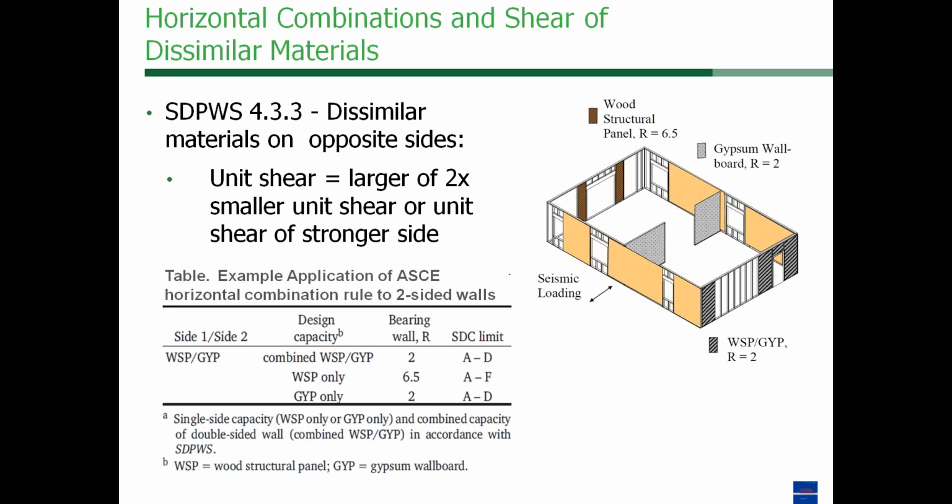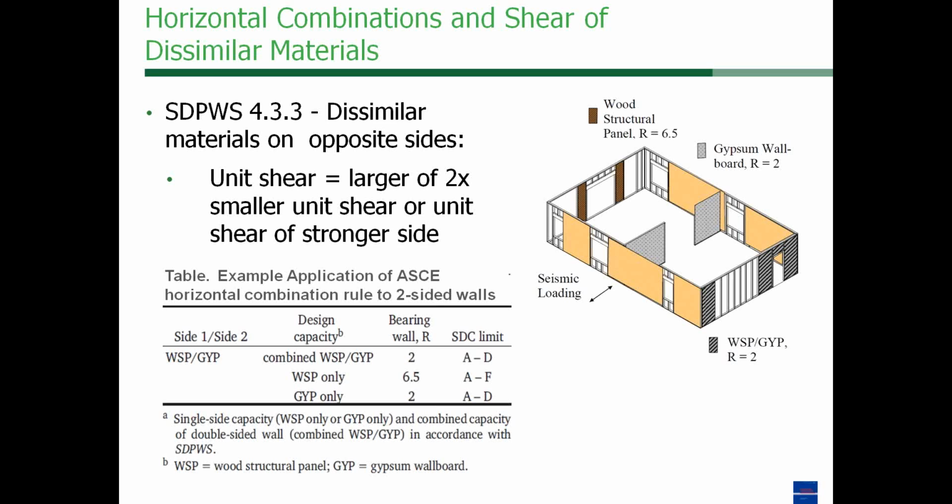So let's say that the wood structural panel on one side has a unit shear of 300 PLF, and the gypsum on the other side had 100 PLF. So you'd be permitted to take 2 times the gypsum, or 2 times 100, and design for R equals 2.